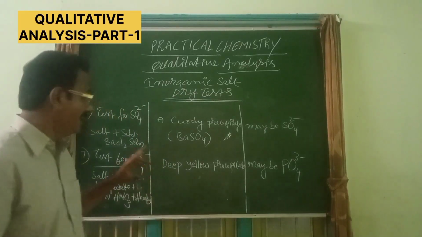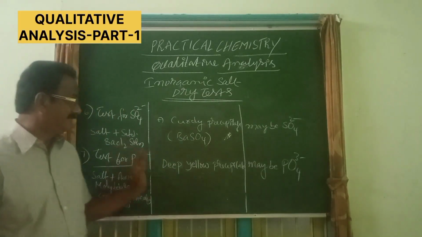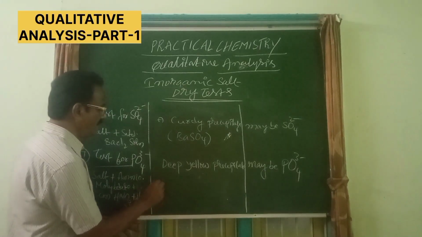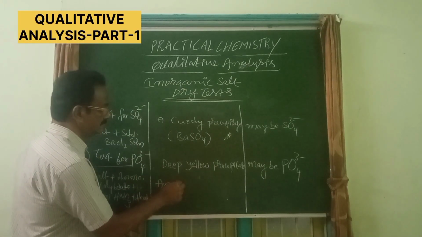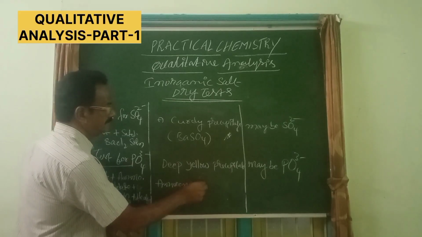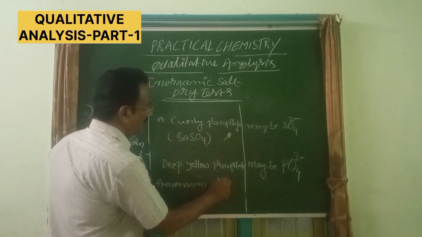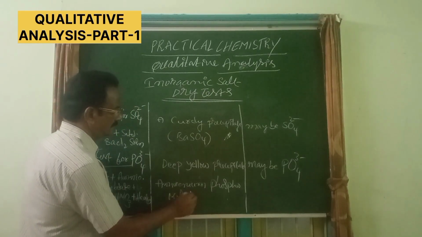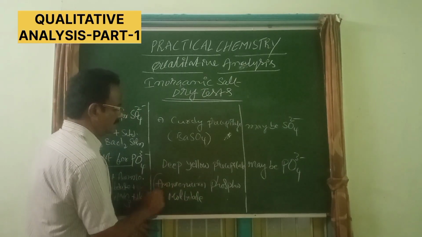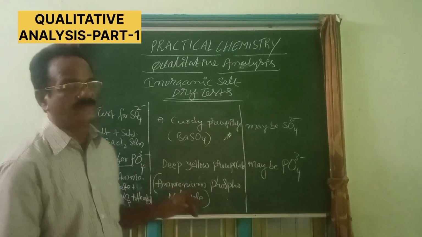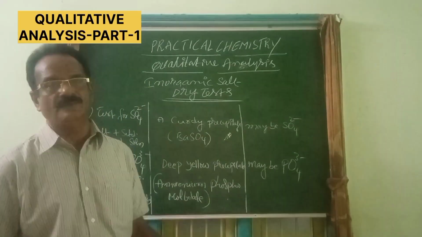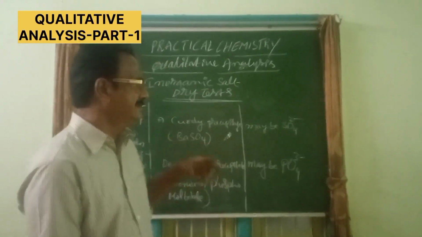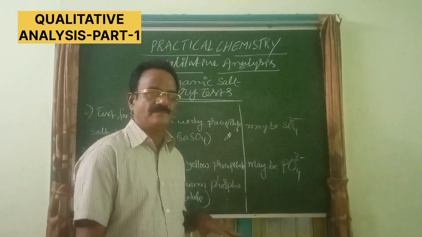Keep in mind, the deep yellow color precipitate is due to formation of ammonium phosphomolybdate. This compound is formed as a deep yellow precipitate in the test tube if there is phosphate in the given inorganic salt. So these are identification tests.